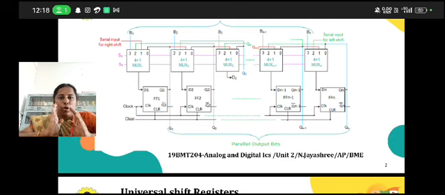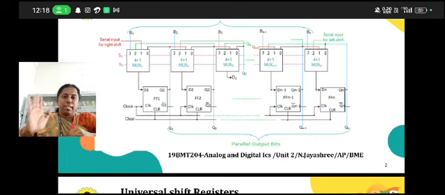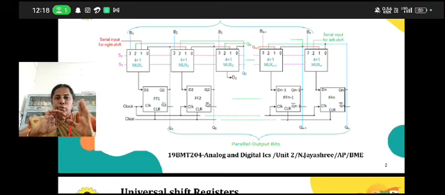If you want to shift the bits towards the right side, we give the serial input for right shift, and the bits shift towards the right side.